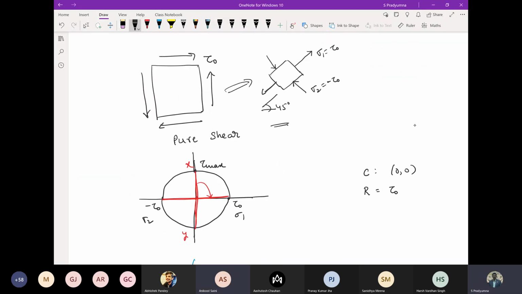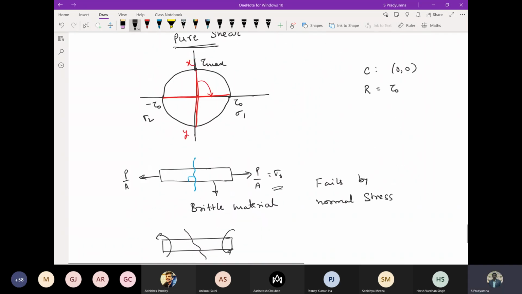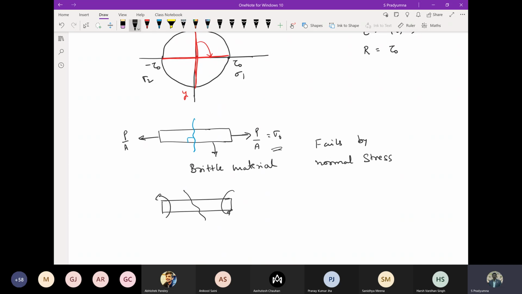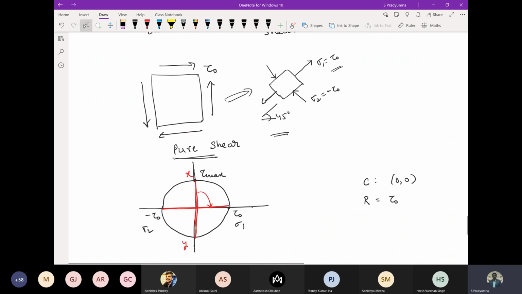This is the state of stress given by pure shear, right? At 45 degrees the normal stress is maximum. When you apply a torque, there is pure shear. So if it fails at a 45 degree line, it is failing by normal stress here also.